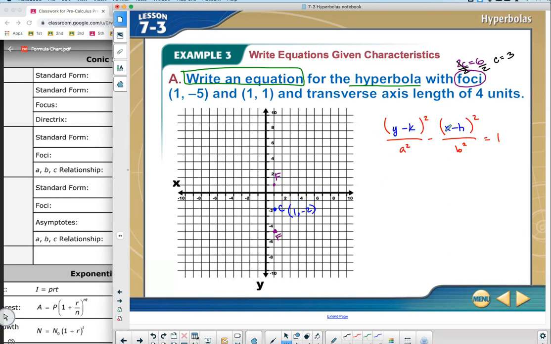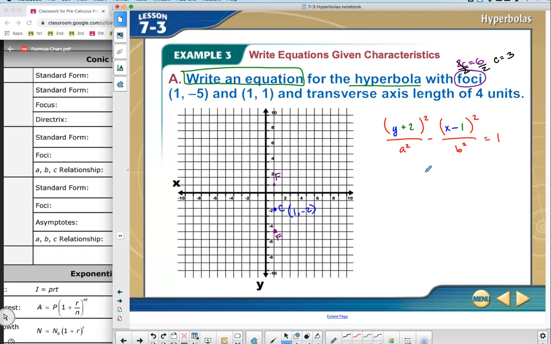So is it going to be X plus 1 or X minus 1? X minus 1. And to go down 2, will it be Y minus 2 or Y plus 2? Y plus 2, because it's technically Y minus a negative 2, which turns it positive. Okay, and we know C is 3, but we can't do anything else.